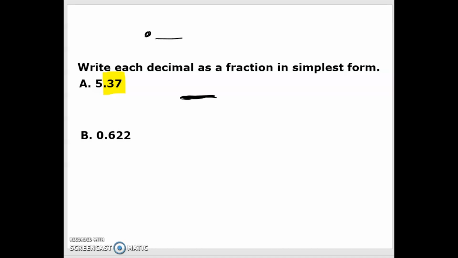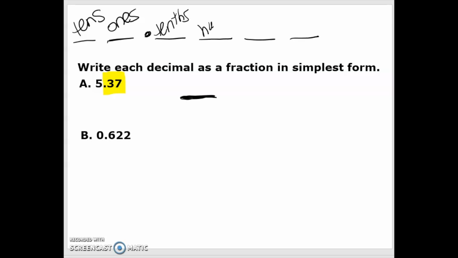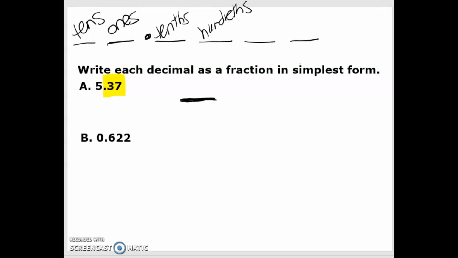Now, this is where we need to remember place value. So we're thinking back to elementary school and our place value days, and we know that, in front of the decimal, we have the ones place, we have the tens place. Behind the decimal, we have the tenths place, we have the hundredths place, we have the thousandths place, and it keeps going.